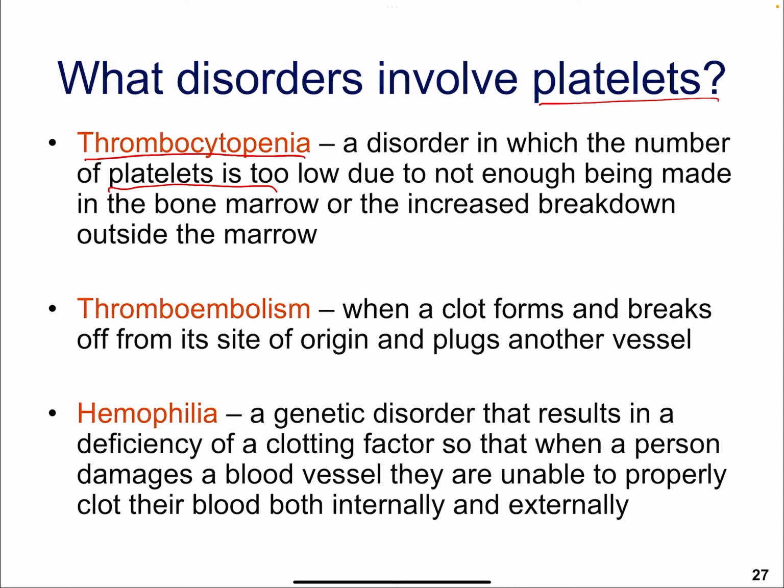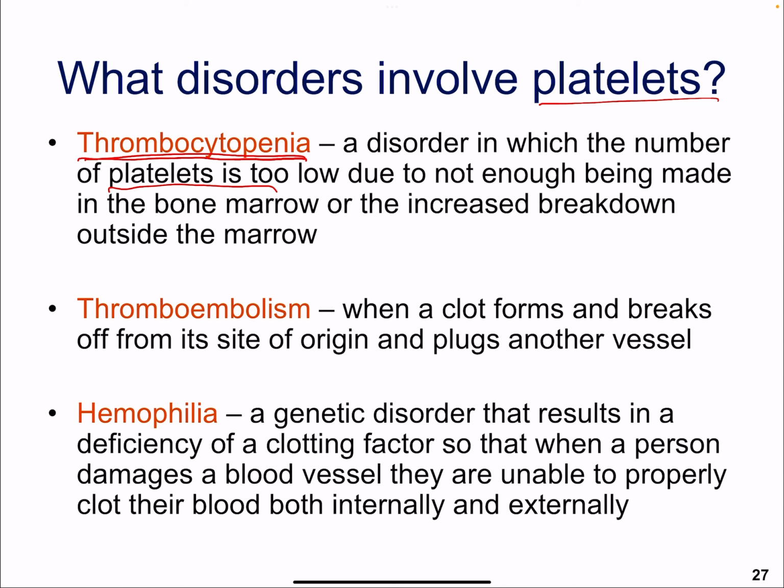Okay? You are going to be told, for instance, prior to surgery, they're going to quantify the amount of platelets. If the amount of platelet is low, they're not going to perform a surgery. Why? Because you run the risk of bleeding to death. That's not good news, right? But thrombocytopenia is a condition that one can be born with.